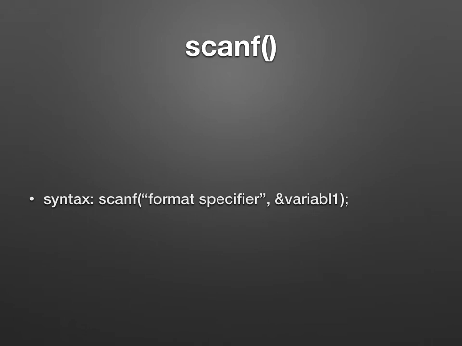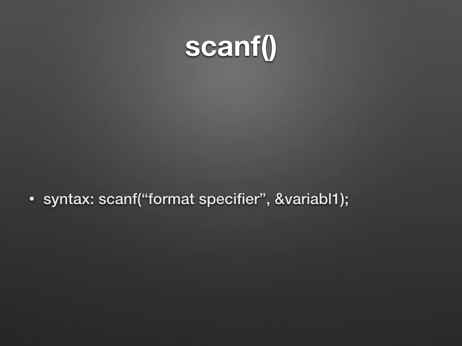The format specifier specifies what type of data you are going to enter, whether it's an integer, a floating point value, a character or a string. That is the format in which you are going to read the data from the user. The second thing you give is the name of the variable to which the value should be stored.